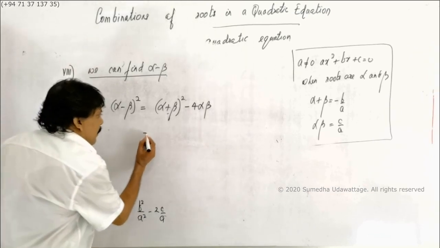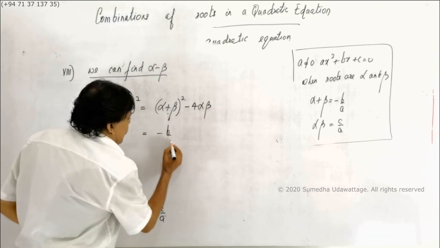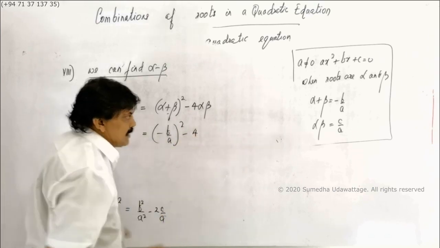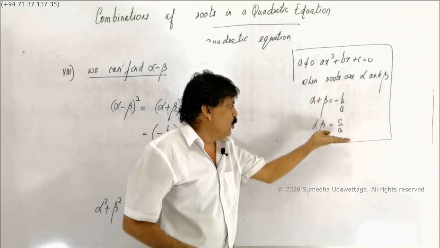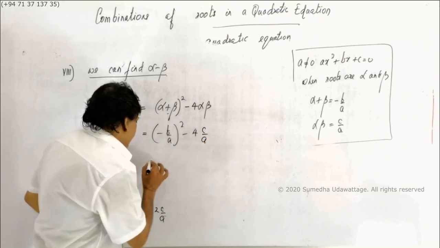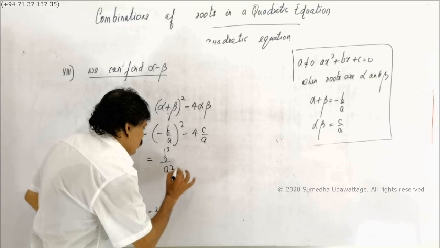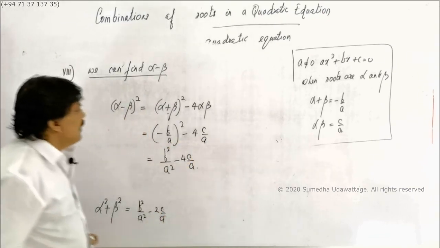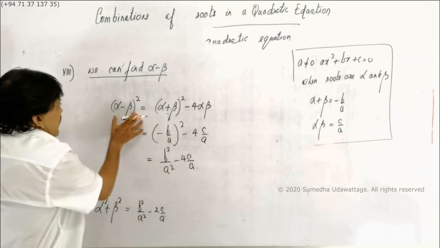Then you get alpha plus beta, which was minus b over a, squared, minus 4 times alpha beta, where alpha beta is c over a. Then it would be b square over a square minus 4c over a. That is alpha minus beta squared.